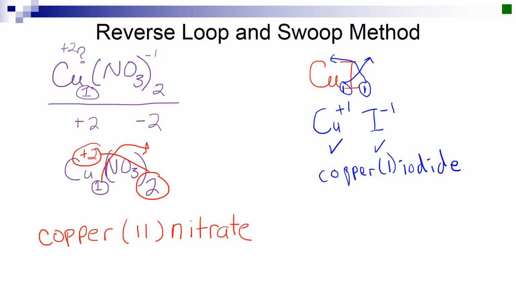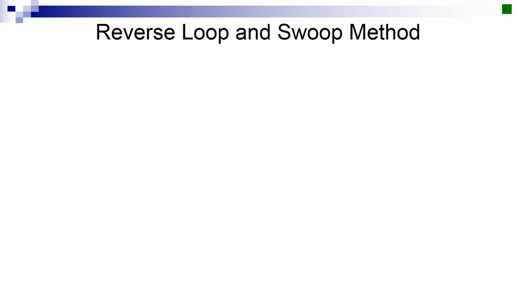Okay, let's do a few more, maybe 2 more. Let's do MnO2. Okay, so do you want to try the loop and swoop? Yeah, let's try that. So if we take our 2, we can reverse loop it up.